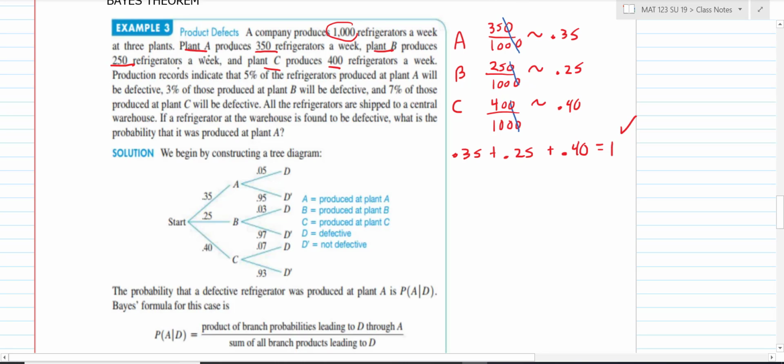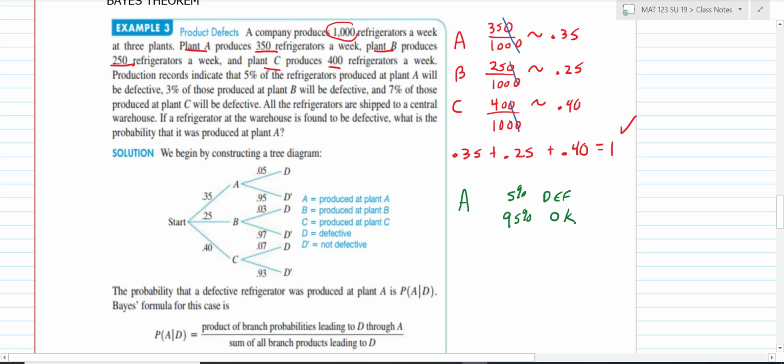And then the next thing it says is production records indicate that 5% of the refrigerators at Plant A are defective. So that will mean that 95% are okay.